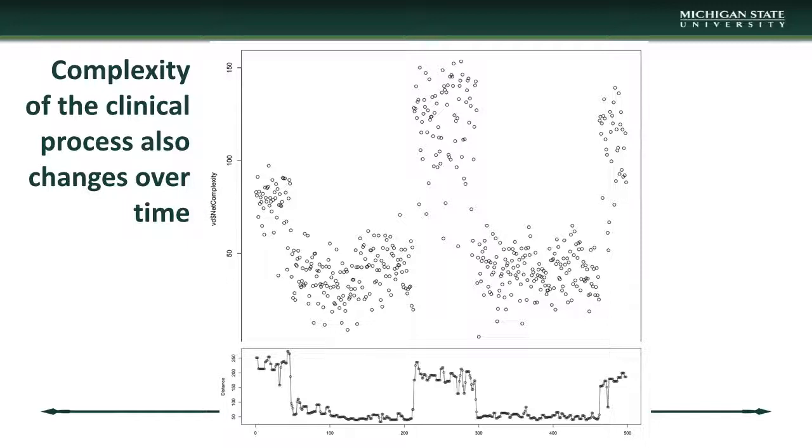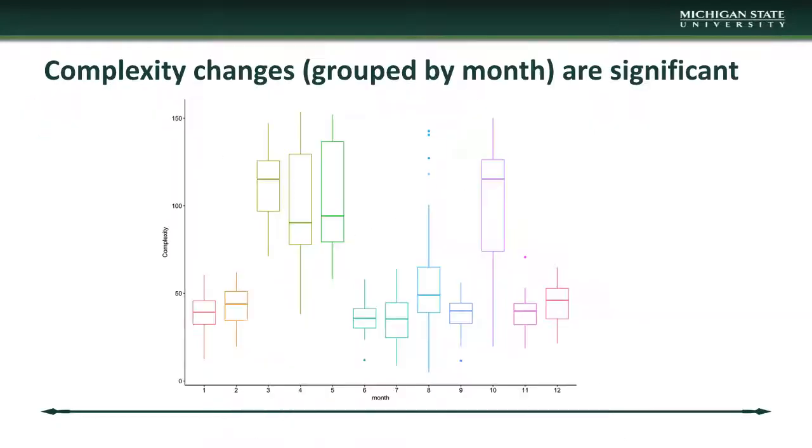So you can see at the bottom here, you've got the trajectory of the process, and above that is the measure of complexity based on that same network model. And it's significant stuff. You can group them over time, and sure enough. So that's what we're working with. This is just an illustrative example.